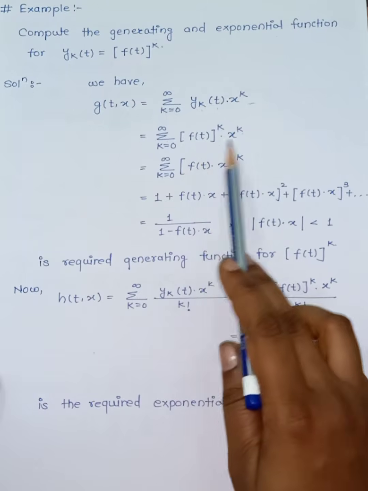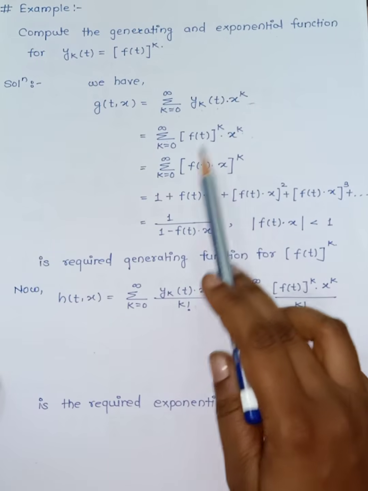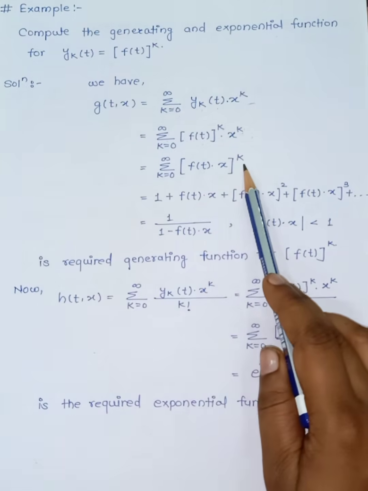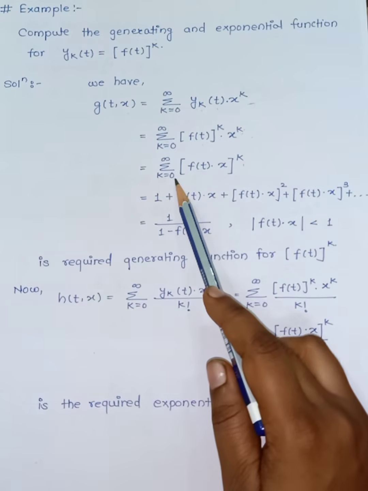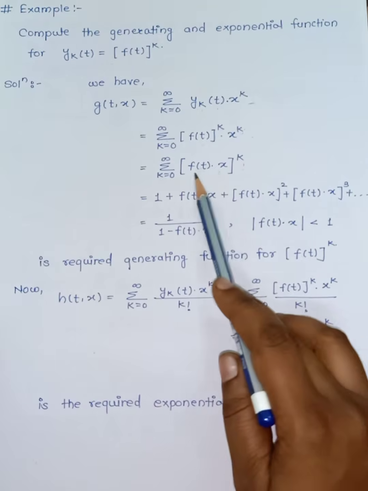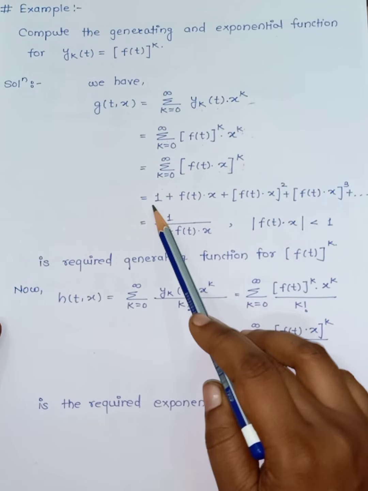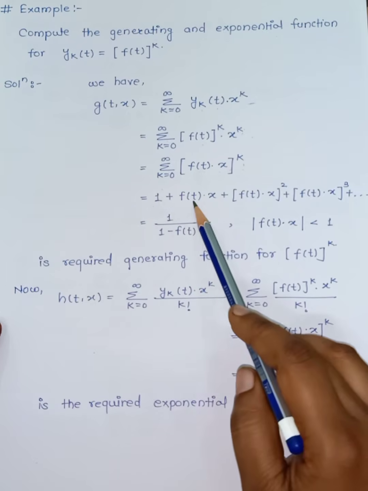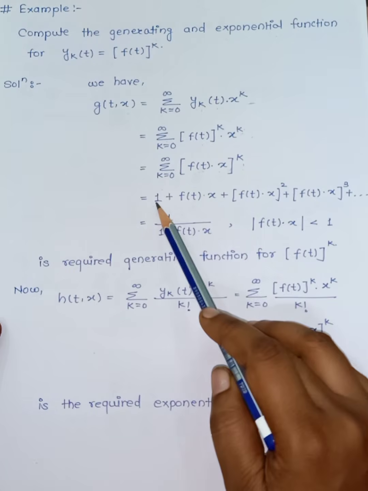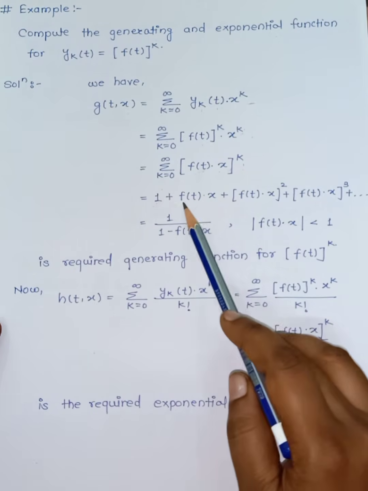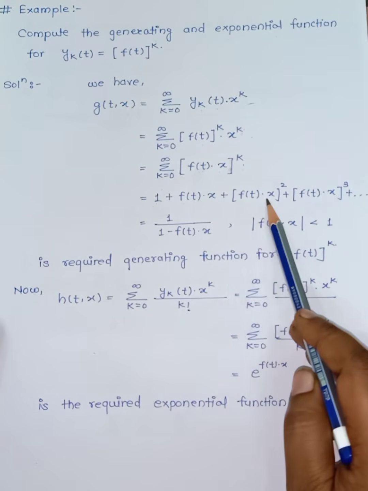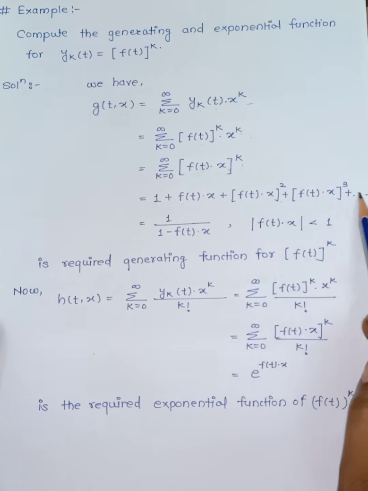Okay, and these are in multiplication. So f of t into x, with k in a common index. So summation from k equals 0 to infinity of f of t into x to the power k. And by solving this we first get 1 plus f of t into x plus, if we put 0 we get 1, if we put 1 we get f of t into x to the power 1, plus f of t into x to the power 2, and so on.